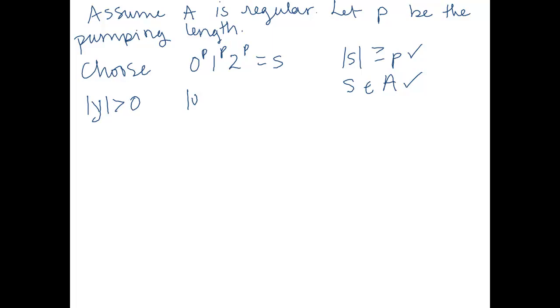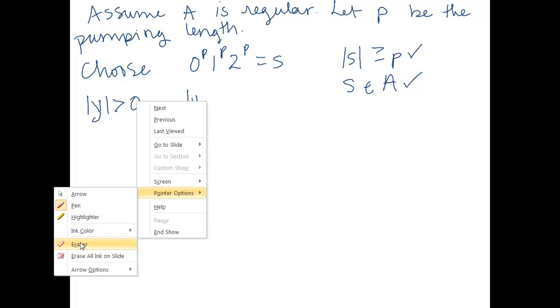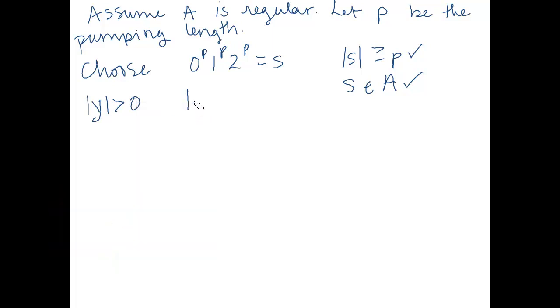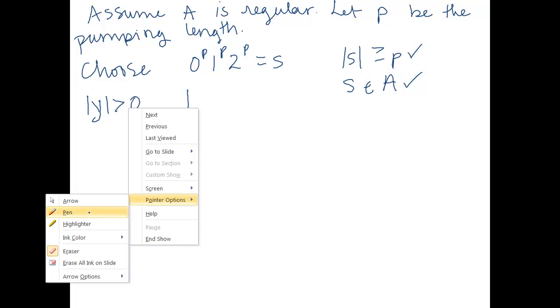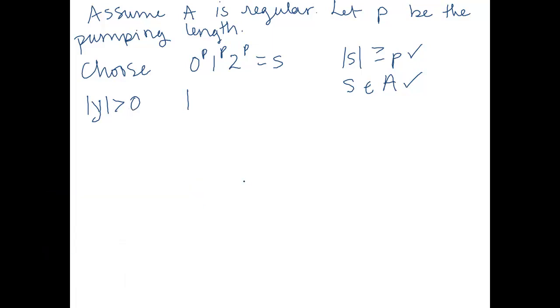And we also have that the length of XY has to be less than or equal to P. Okay, so these parts can't be too long. So what possible decompositions do we have?